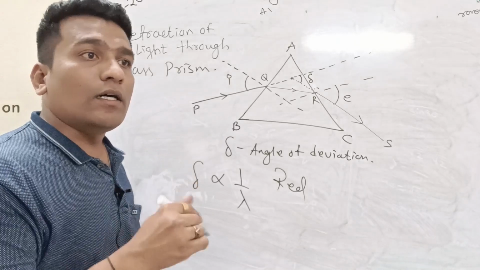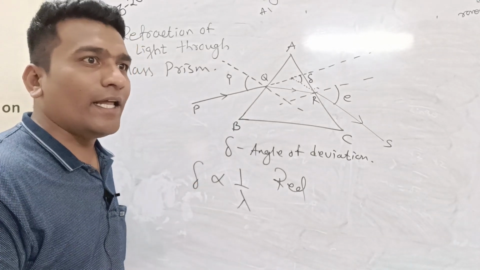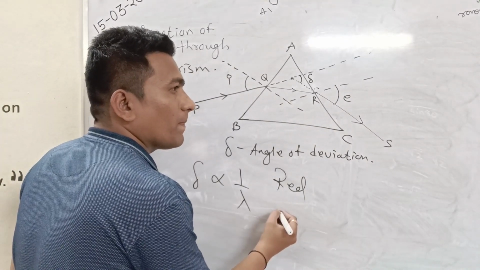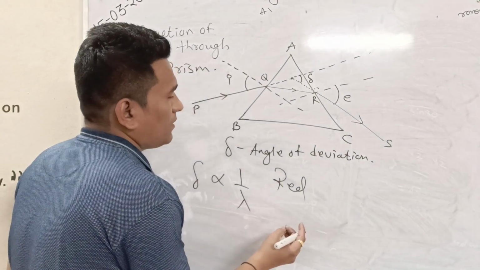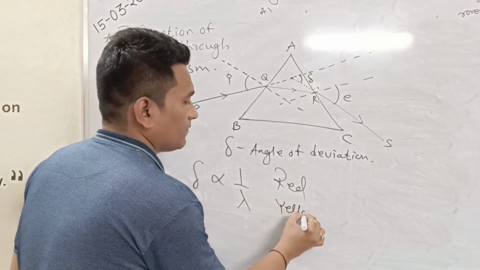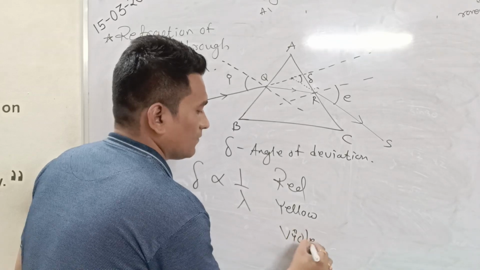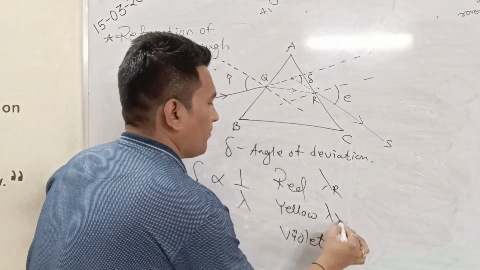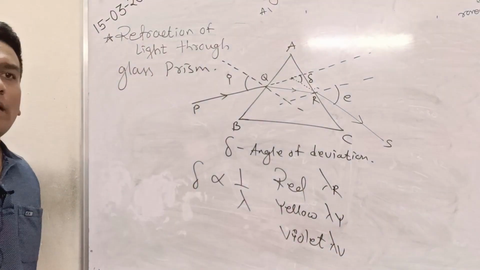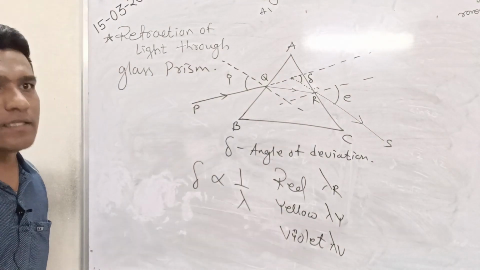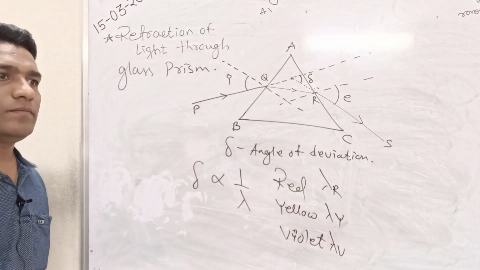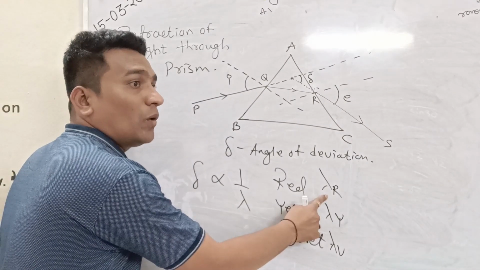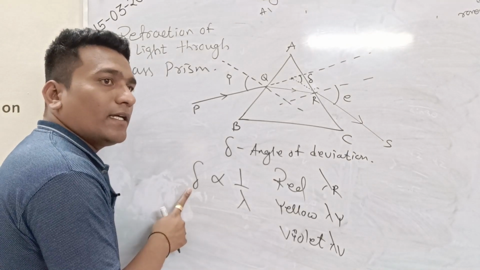If they ask you to arrange in ascending or descending order, just like in radioactivity which we have seen: lambda R, lambda Y, lambda V. Red color wavelength is more, so deviation will be less.